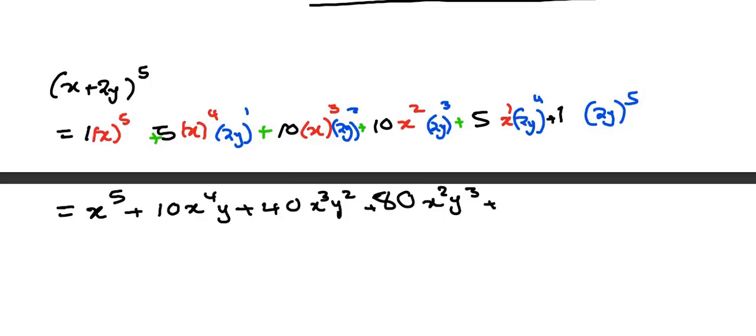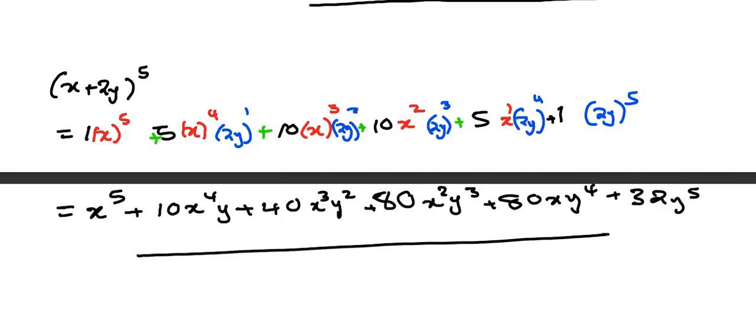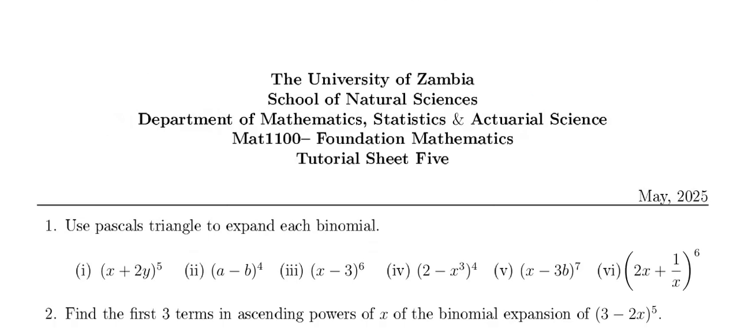Then this will be plus 4 to the power 2, which is simply 16, times 5. That's simply going to give us an 80 as well. This is y to the power 4. Then lastly, we have a 32, y to the power 5. So this will be taken to be the expansion of the first part of question 1. This guy here, that's the expansion.